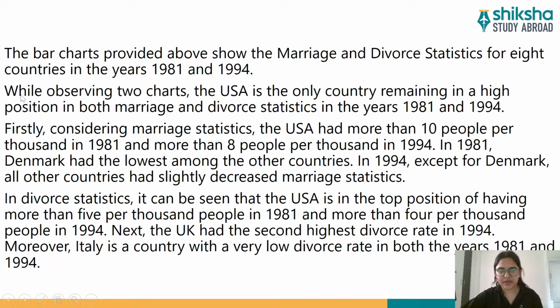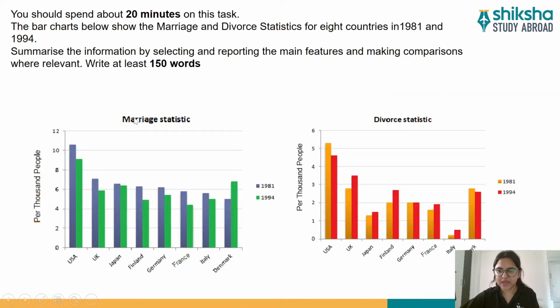Then the next paragraph, paragraph 2, overview, says: while observing two charts, the USA is the only country remaining in a high position in both marriage and divorce statistics in the years 1981 and 1994. So you can see that whoever has written the sample answer, they have compared, the USA is the only country remaining in a high position in both marriage and divorce.